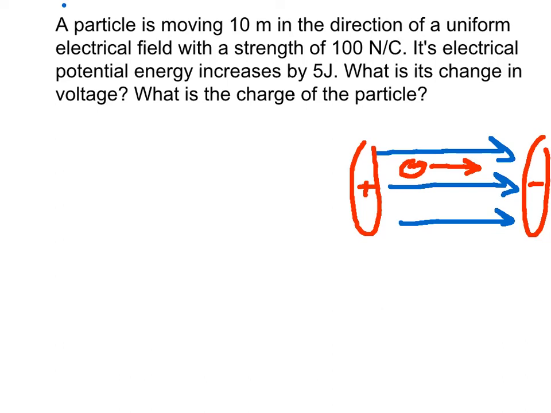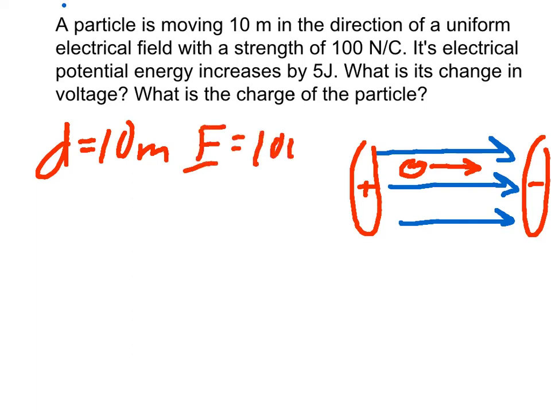All right, so we know it's going to be a negative charge, but the first thing we'll look at is what's the change in voltage? Well, let's look at everything we have. We have a distance equal to 10 meters. We have an electric field strength of 100 newtons per coulomb.